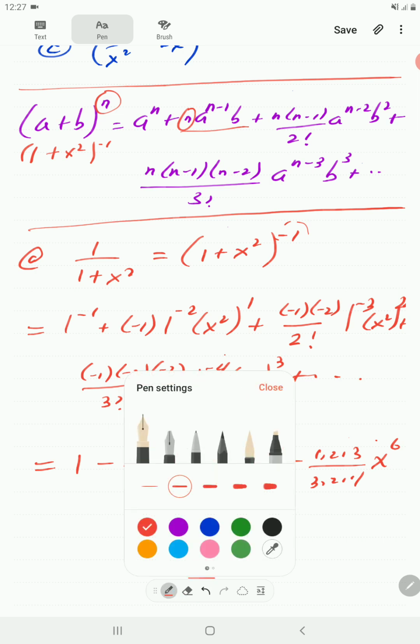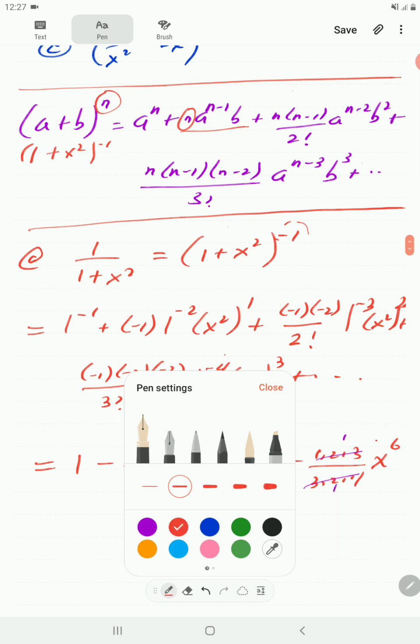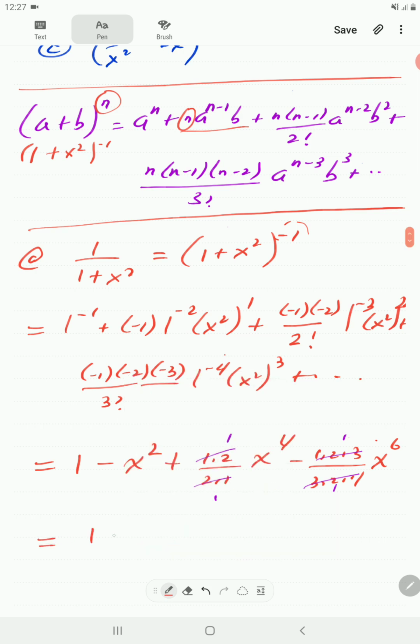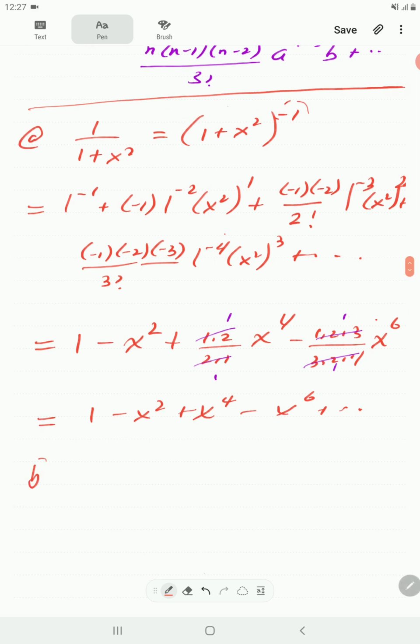So this numerator cancels out with that denominator, same thing here. So that means our final expression here is going to be 1 minus x squared plus x to the power 4 minus x to the power 6. Okay, so that's the first one.